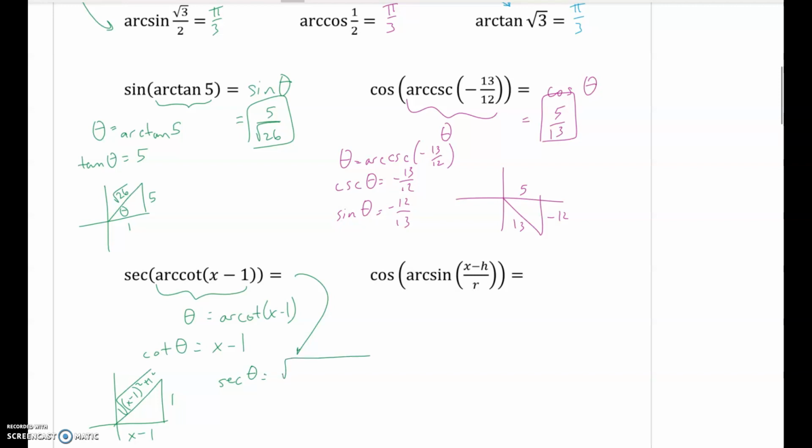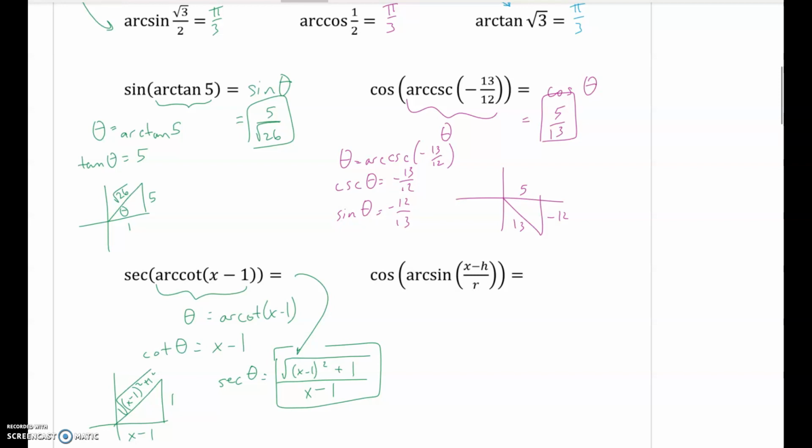So the hypotenuse is the square root of the quantity x minus 1 squared plus 1 squared. And we'll divide that by the horizontal distance of x minus 1. And again, that's your final answer. This is kind of nice because we're able to take something that starts out with trig values and turn it into something that is completely algebraic, which can be useful.